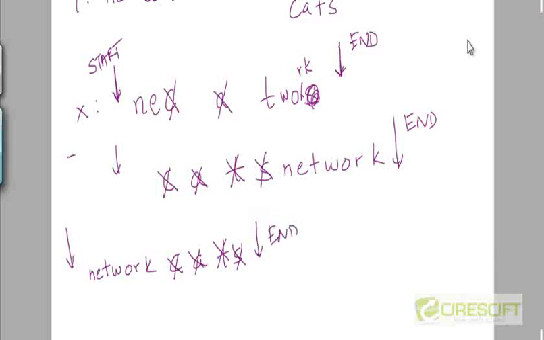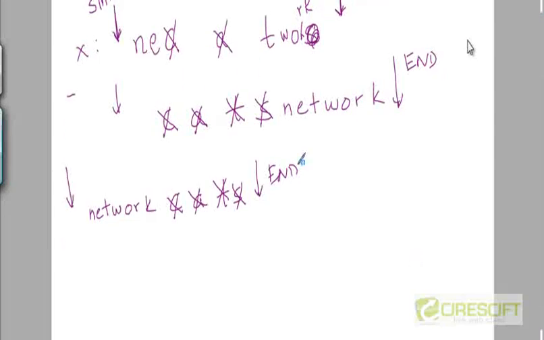So think about the various ways in which you can transform cats into network. There are many possible ways. But what I'm saying is, regardless of how you do it, the very last operation that you do at the end can be of three types.